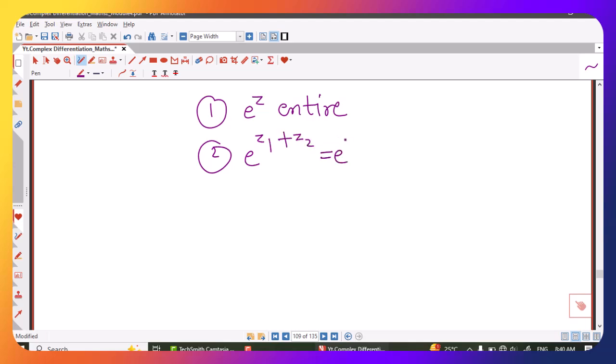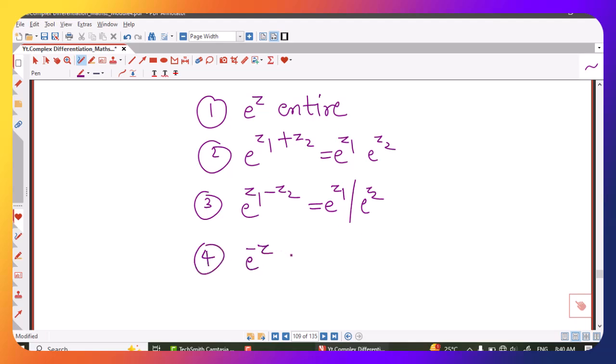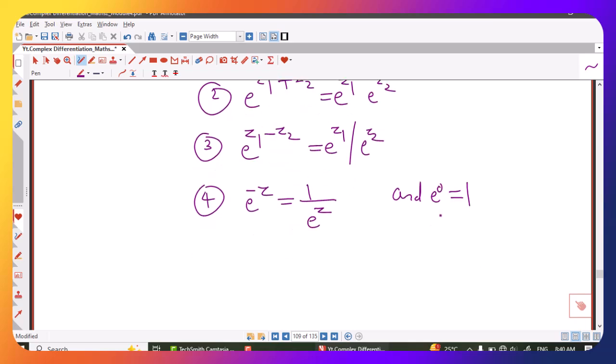e raised to z1 plus z2 is e raised to z1 times e raised to z2. Then we have shown that e raised to z1 minus z2 is e raised to z1 divided by e raised to z2. We also proved that e raised to minus z is 1 upon e raised to z, and we have shown that e raised to 0 is 1.